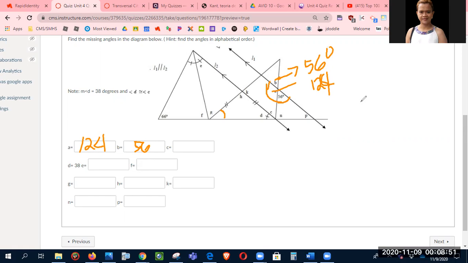B and C are in the same position. They are corresponding angles. So if B is 56, then C is 56, and that one is 124.